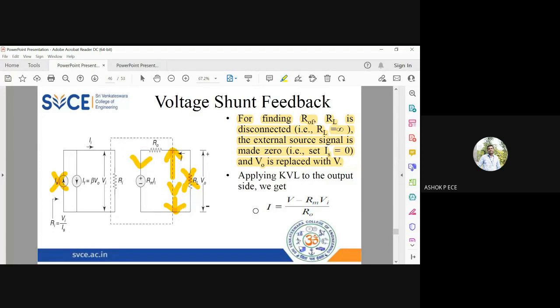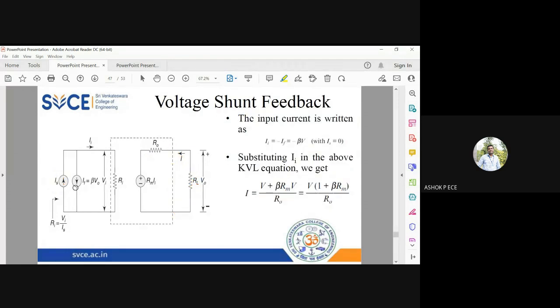So I is equal to V minus Rm Ii by Ro. It is starting from V, the currents are opposing, so V minus Rm Ii, divided by Ro. Ro is the only resistance I have because I have disconnected my load RL.